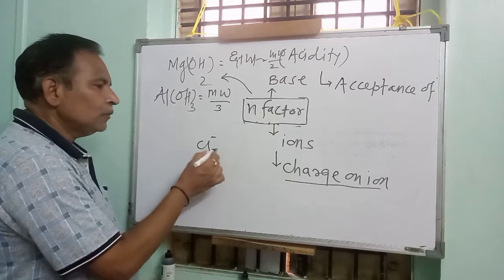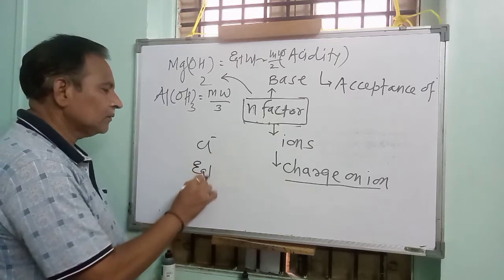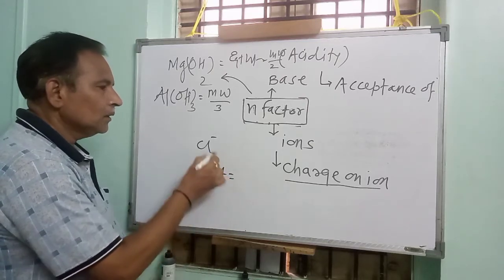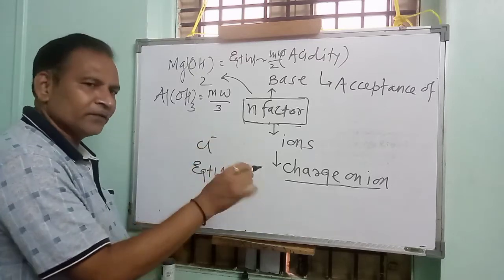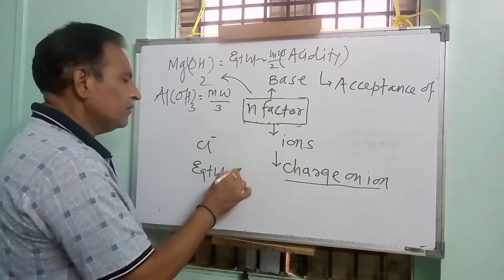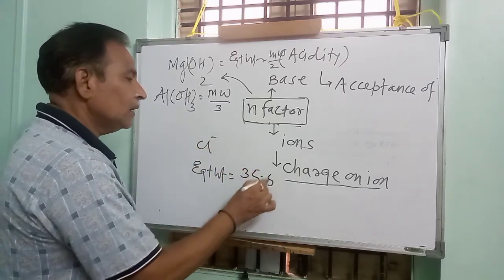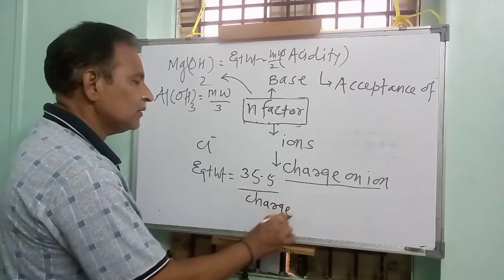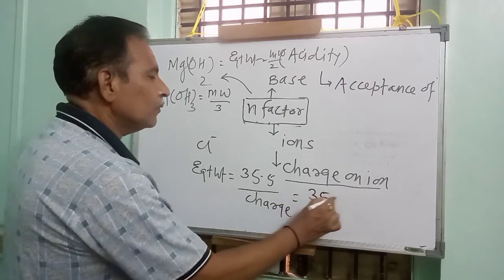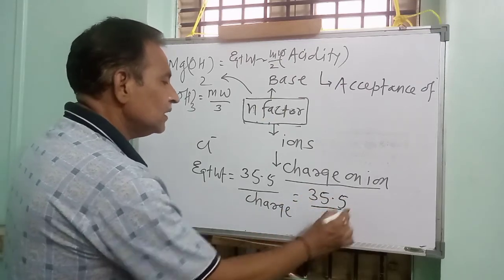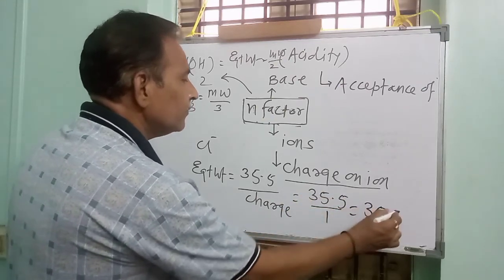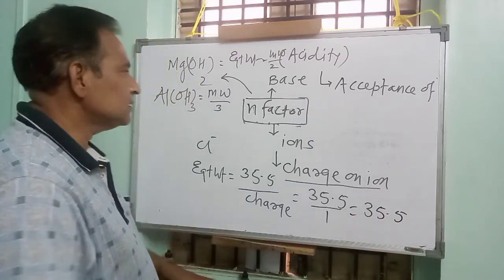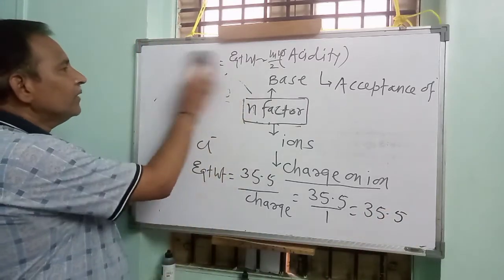Now how to calculate its equivalent weight? The ionic weight of Cl minus, that is the atomic weight, 35.5, divided by the charge present on the ion. The charge is 1 and therefore the equivalent weight of Cl minus will also be equal to 35.5.